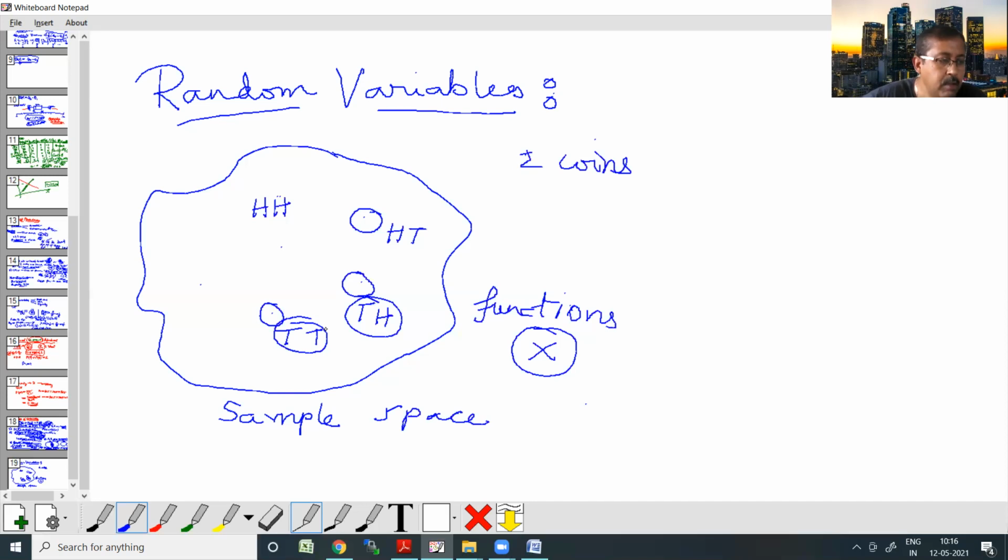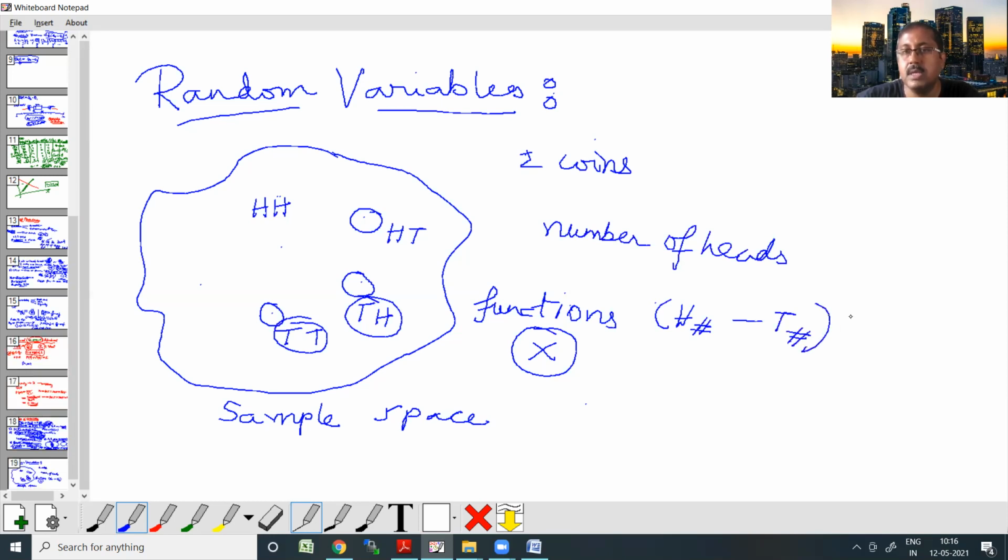Say, for example, I define a rule, where the rule is the number of heads, or the square of the number of heads minus the number of tails. The H count minus the T count, and this whole difference is squared.